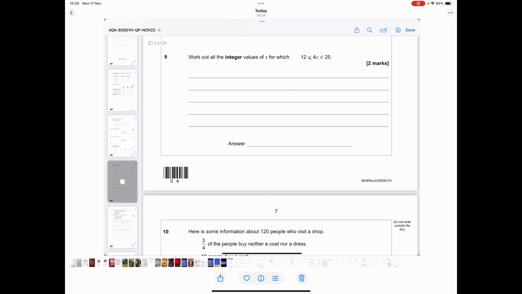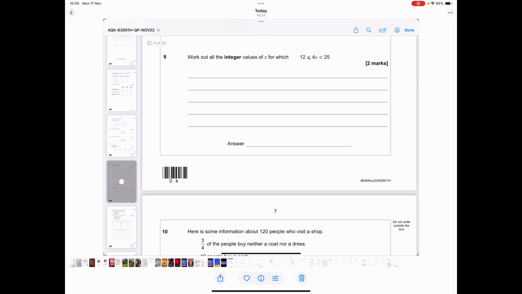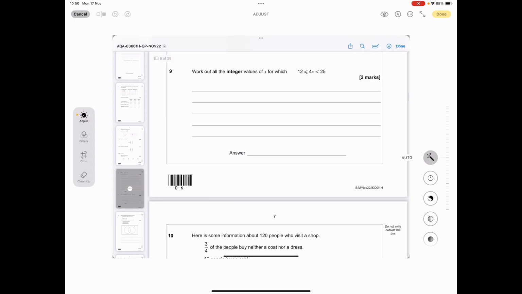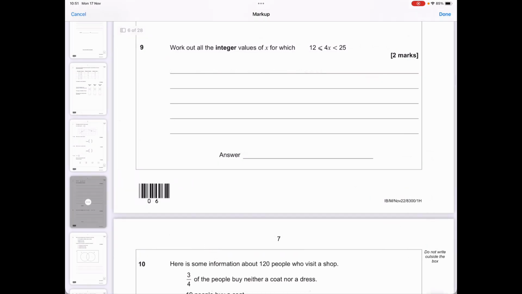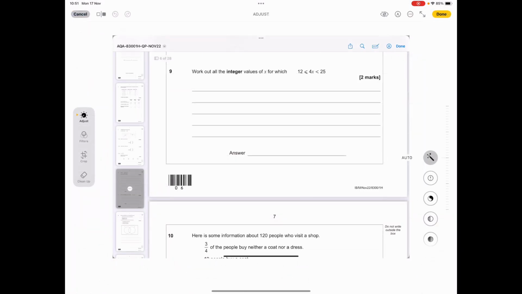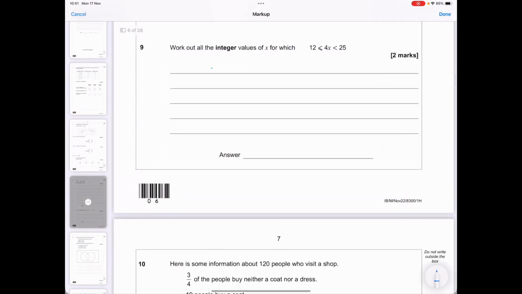Okay, moving on. Work out all the integer values for which x works. For this, all we do is divide through by 4. So we do 12 divided by 4, 4x divided by 4, and 25 divided by 4.